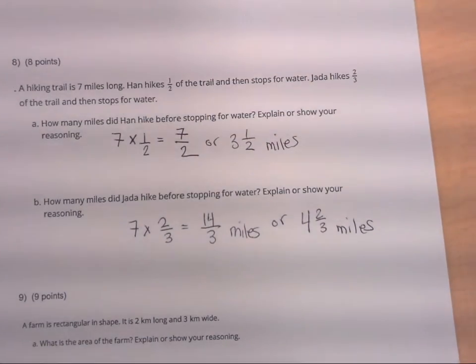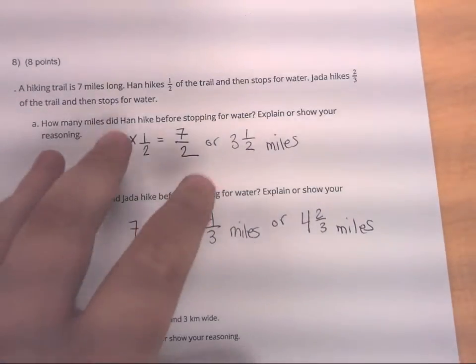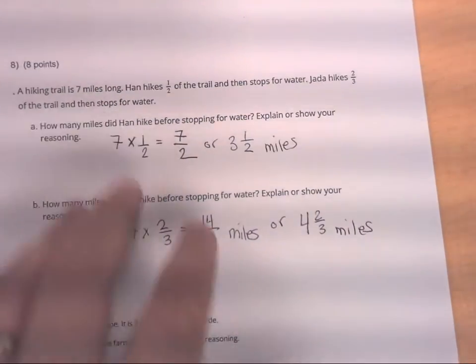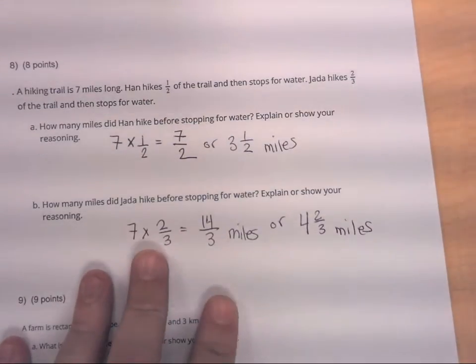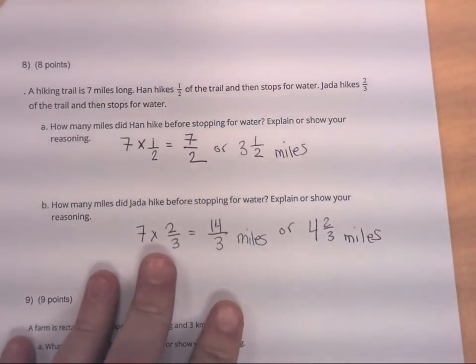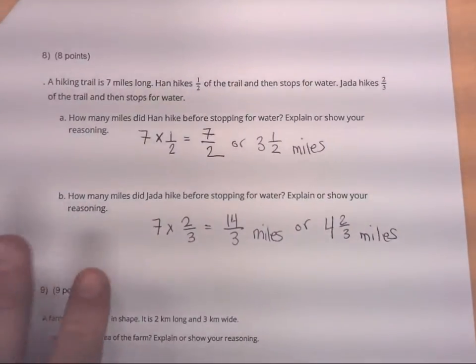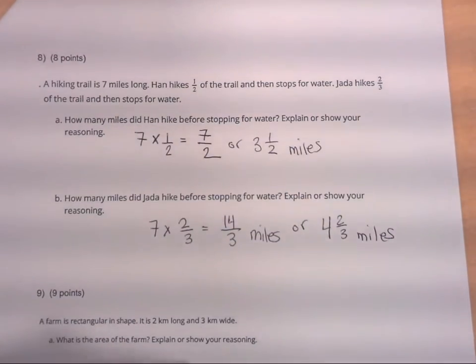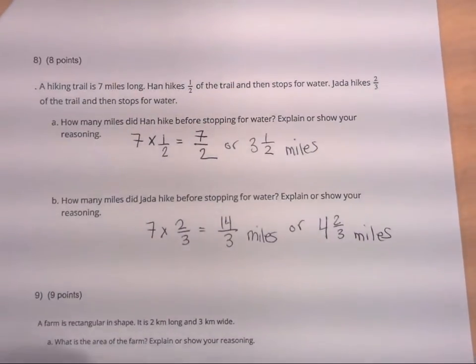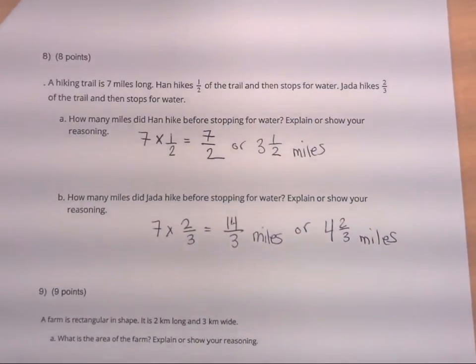And when we get into adding and subtracting fractions, I'm going to be revisiting multiplying and dividing fractions using questions like this. So you notice if I wanted to add part C here to include addition or subtraction of fractions, I could say, okay, well, how much further did Jada hike than Han?